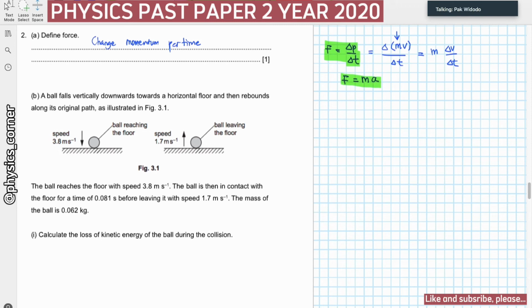The ball reached the floor with speed 3.8 meters per second and rebounds with velocity 1.7 meters per second. The ball is in contact with the floor for a time 0.081 second before leaving it with speed 1.7 meters per second. The mass of the ball is 0.062 kilogram. Calculate the lost kinetic energy of the ball during the collision.